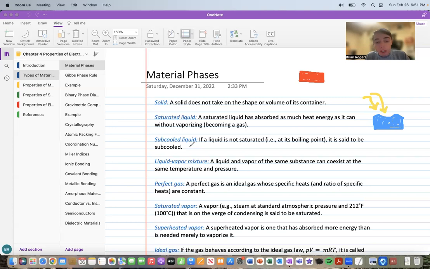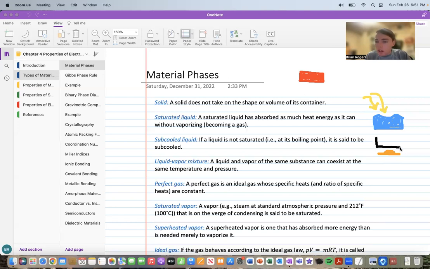Then the next term we're going to look at is subcooled liquid. This refers to when a liquid is not saturated, which means not at its boiling point, then it's said to be subcooled. You can think of this as when you're on your stove, let's say, and we have the little fire right below the stove that is producing some heat, and you have your pot on top.